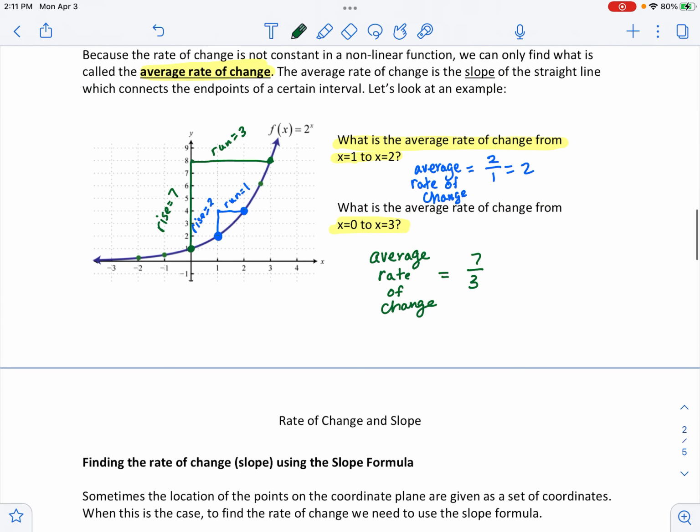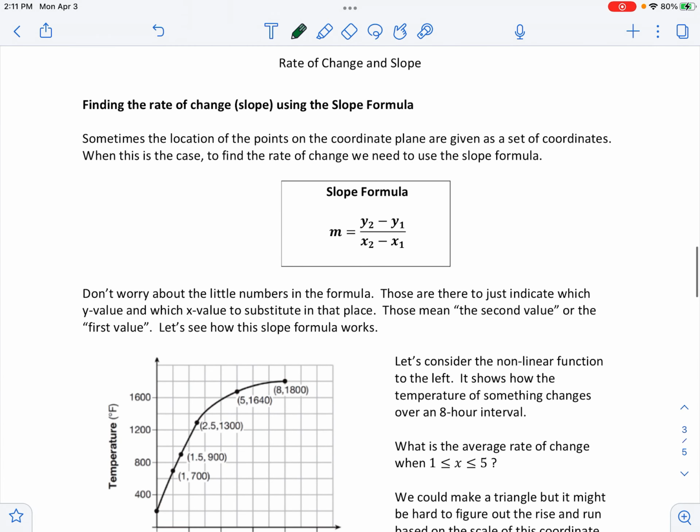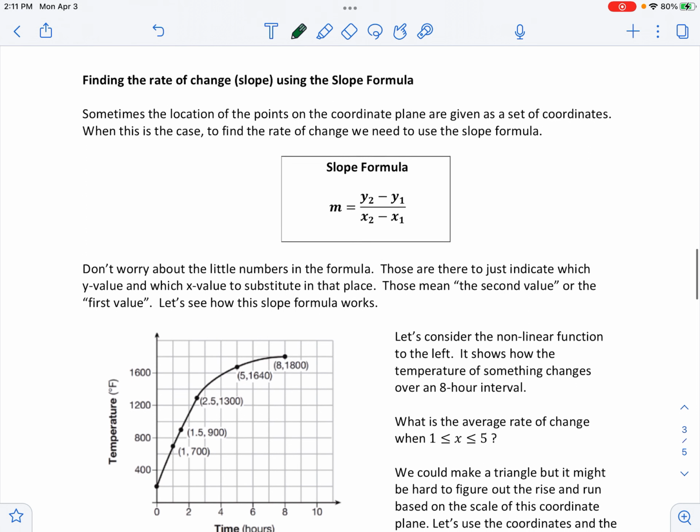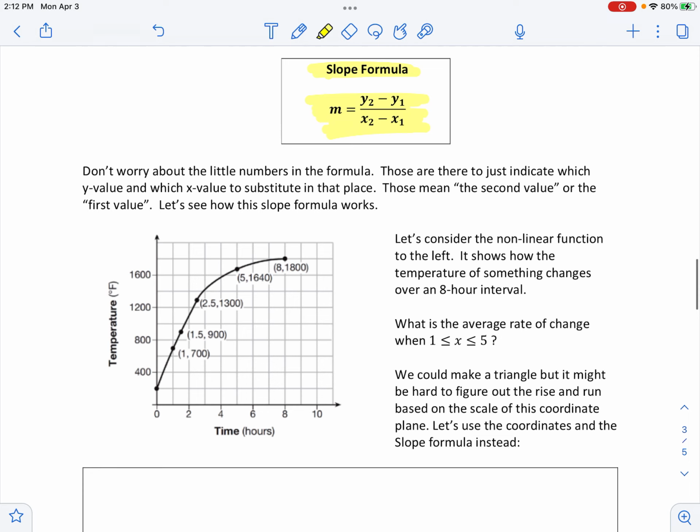This function was really nice because the points that we were asked to use were integer values and were nice small numbers. But we can find the average rate of change using the slope formula if we have the coordinates of the 2 points that we're trying to use. Here's an example. Take a look at this graph.